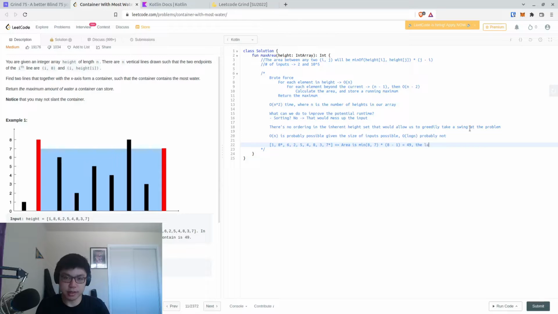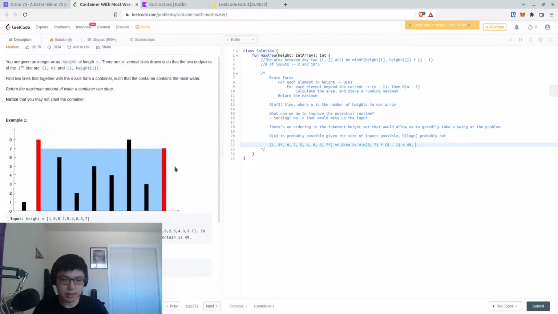The next largest we could get, we would have to change min and the left side and the right side, right?